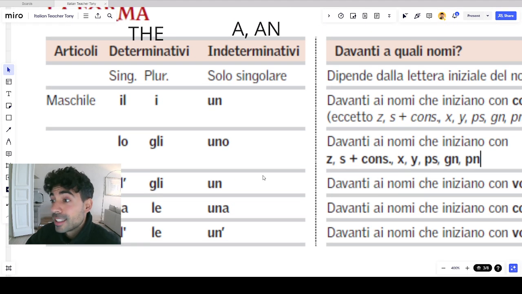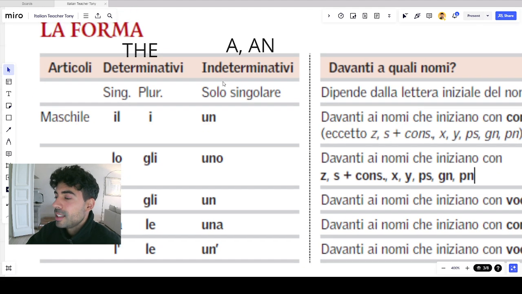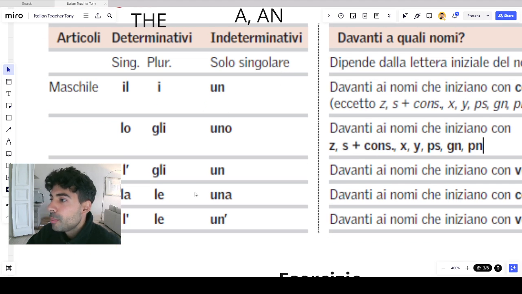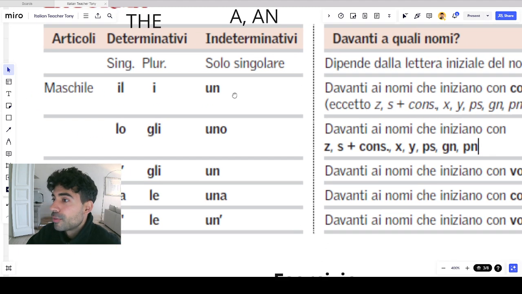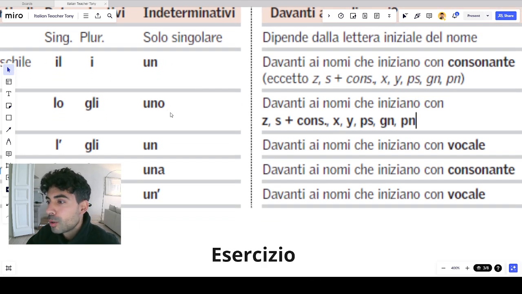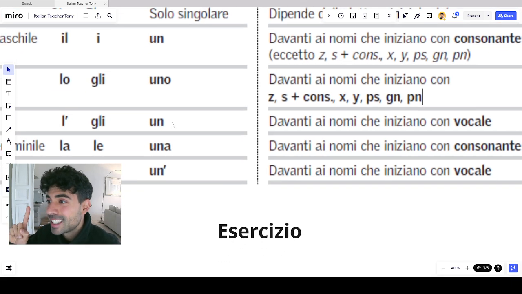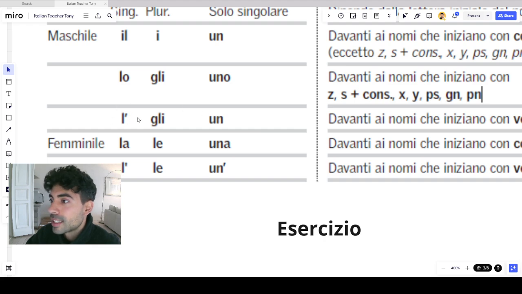The same rule applies also for the articoli indeterminativi, so a, an. You will be using un following the same rule as il. Uno follows the same rule as lo. Un without apostrophe follows the same rule as l'.